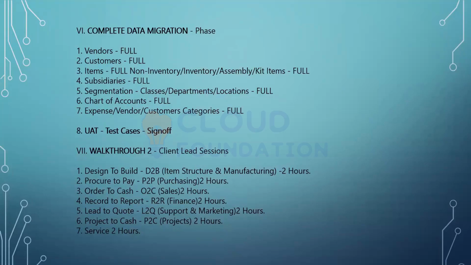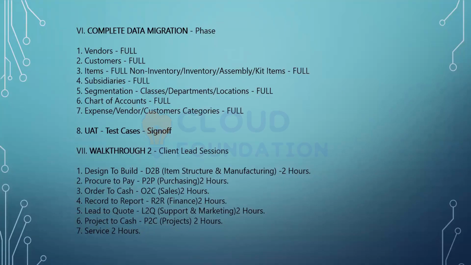Segmentation delta data. Just in case they have not provided certain classes, departments and locations earlier in the data migration phase, they have to do it here in full. We also have to get the delta data for the chart of accounts.